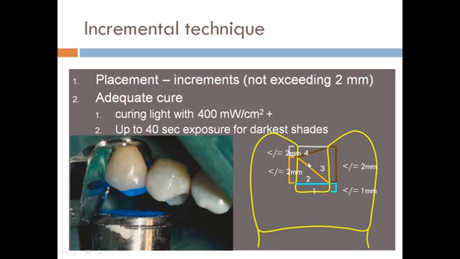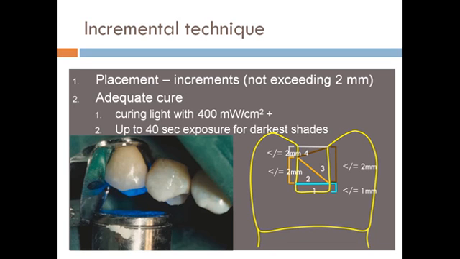But then you do a second increment that's kind of an inclined plane like this. So you have two walls. If you think about this in 3D, you have two or three walls versus having all five. The idea with this is that you're going to get less stress developing because the material is not bonded to all the walls simultaneously.